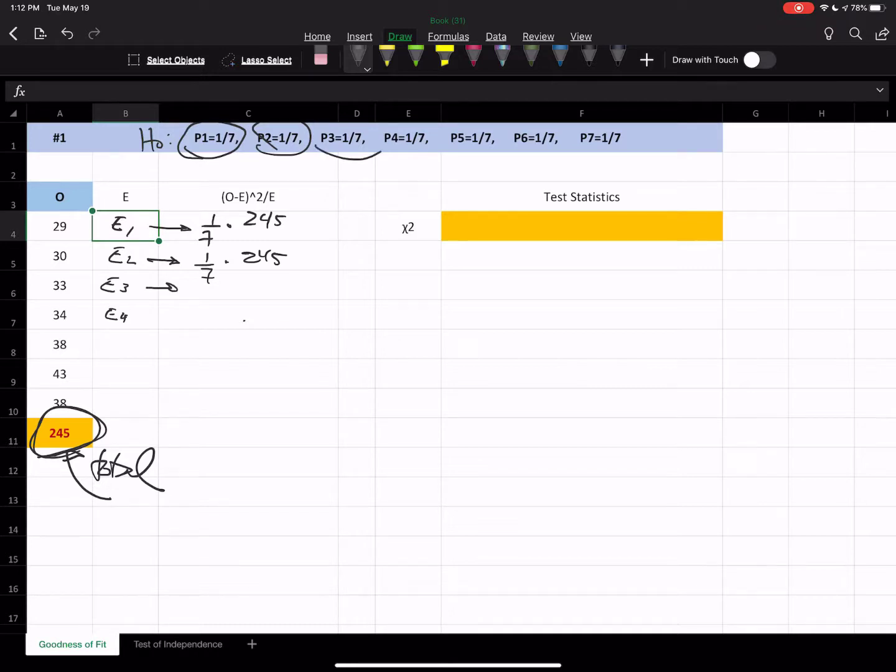We take the third P, which again is the same, and multiply it by the same thing, 245. So you notice it's nice if all the P's are the same. If you're doing a goodness of fit problem where all the P's are the same, then all your E's will be the same, because you're multiplying the same probability by the same sum. So you just do it once and just drag it down, and it'll be the same value. So let's try that so you can see it done here.